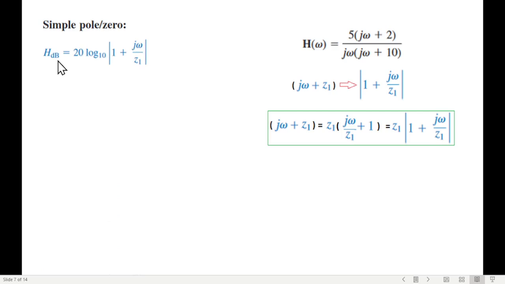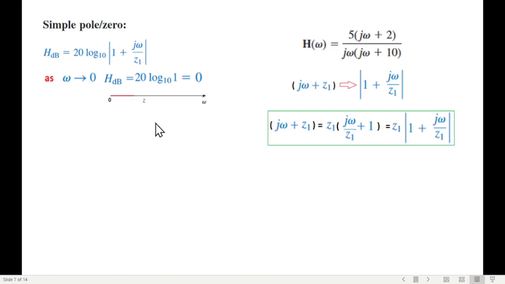Now we'll take the log of the standard form. So it is 20 log of the standard form, and this is called the magnitude in dB. There could be two scenarios here. If omega is very, very small, approaching 0, this term will be 0, so the net value will be 20 log 1, and 20 log 1 is equal to 0. So the magnitude will be 0 when omega approaches 0.